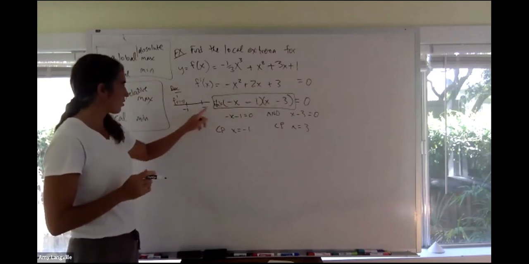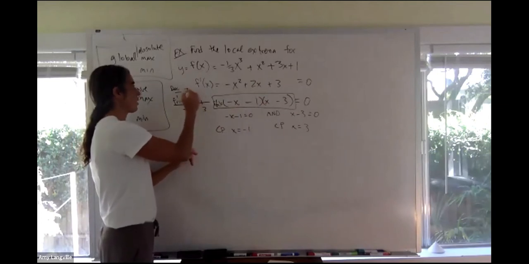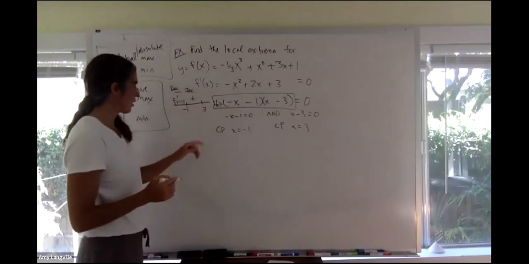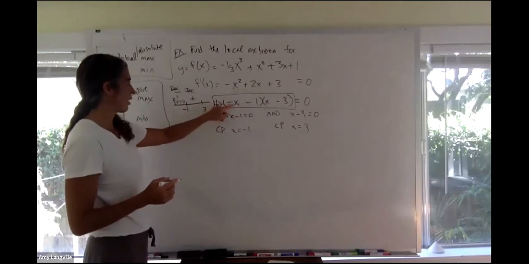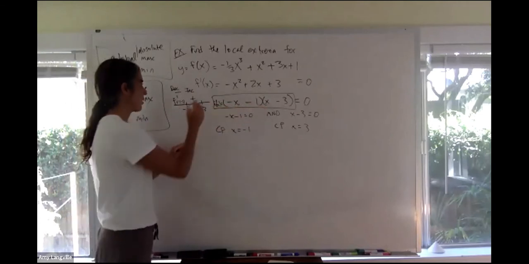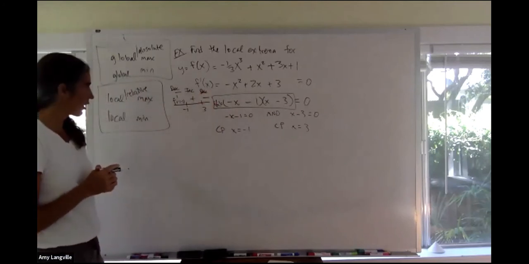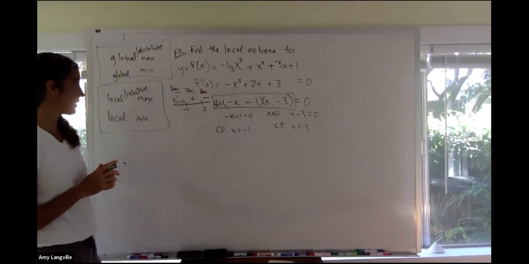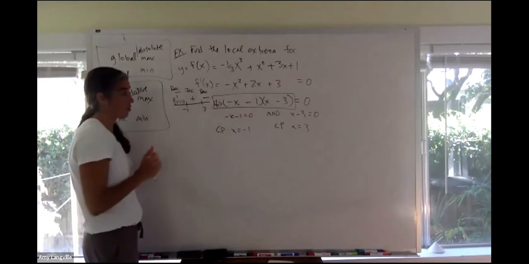Then when I plug in 0, I'll get negative times negative is positive, so it's increasing. And then lastly, +4, when I plug that in, I'll get a negative times a positive is a negative, so it's decreasing. And what this says then is that the intervals of increase and decrease can be read right off this sign chart.